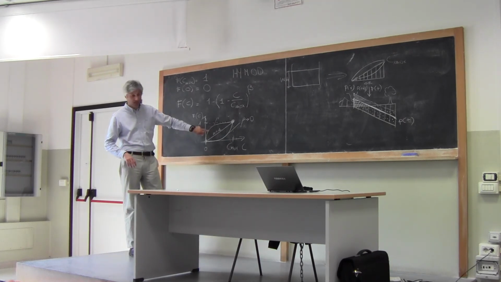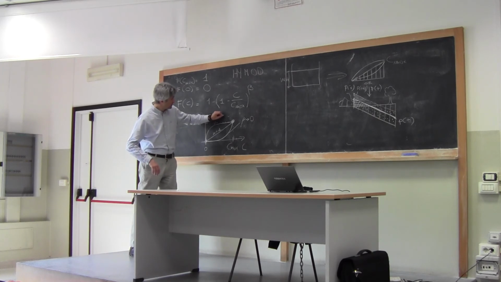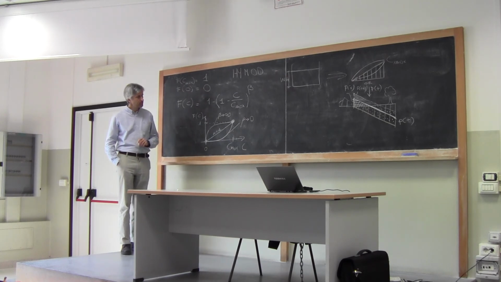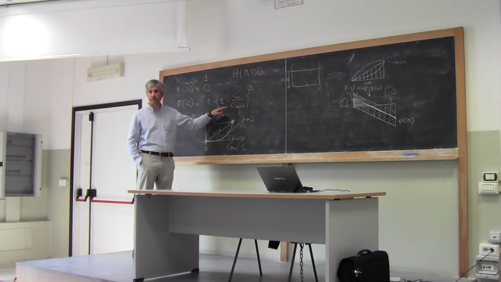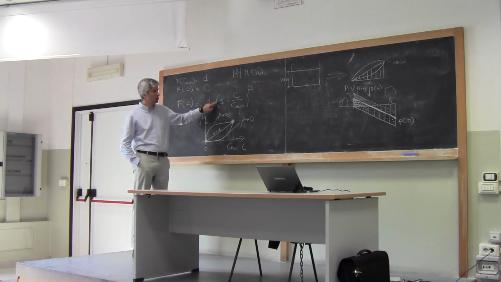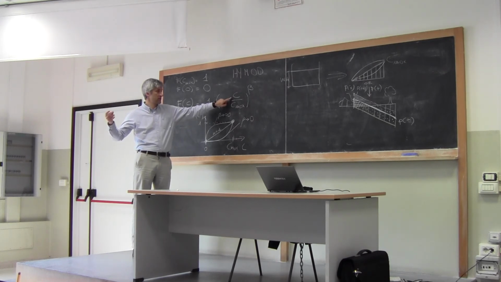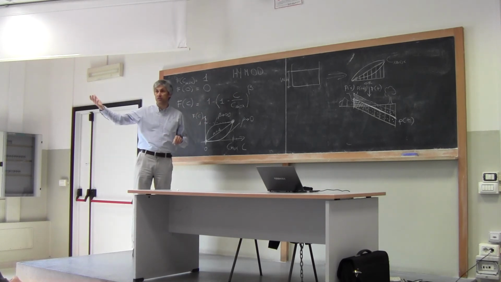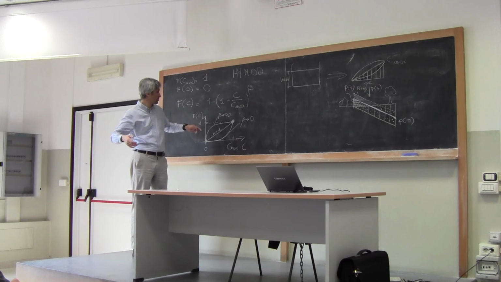The other curve that I depicted here is for beta tending to infinity. What happens if beta tends to infinity? Keep in mind that this quantity is lower or equal to 1. Let's suppose that it's lower than 1, and let's see what happens for C tending to C max, but lower than C max. You have a quantity lower than 1, elevated to infinity, which means that you get close to 0.